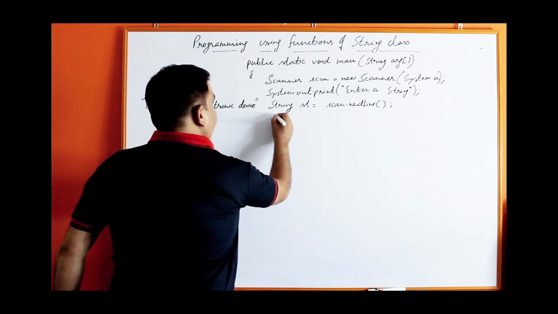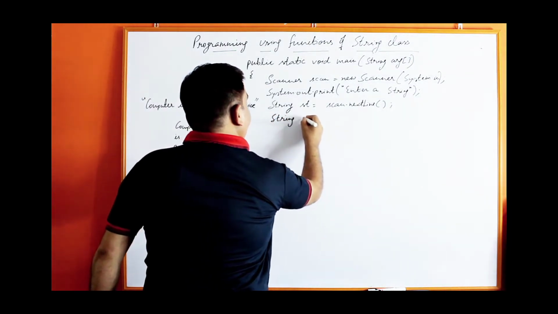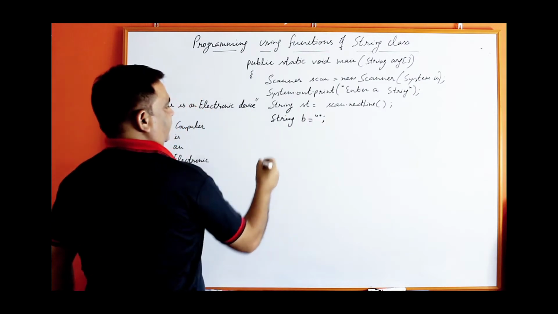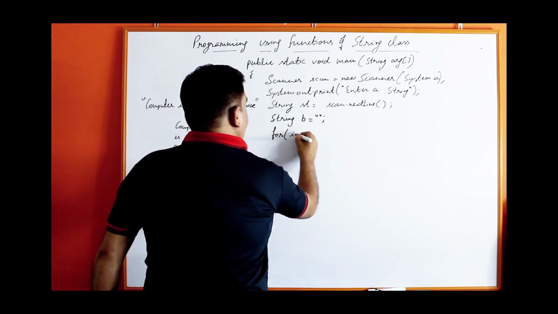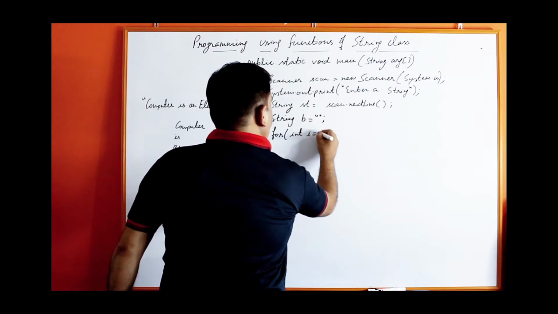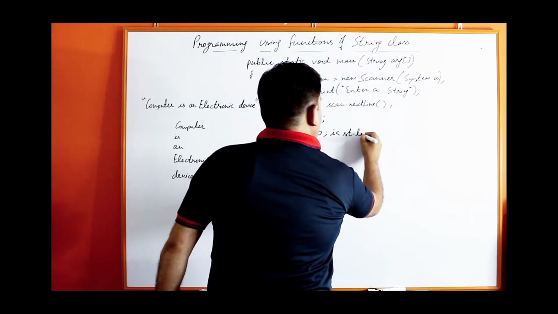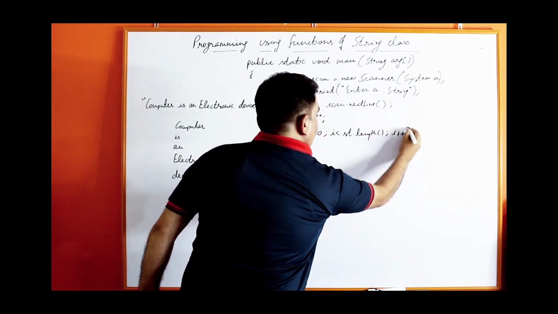See here, I am taking one extra variable, String b equal to empty, without any space, an empty string, and making one loop for int i equal to 0, i less than st.length(), i plus plus.